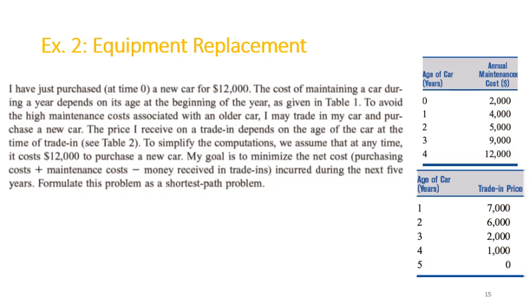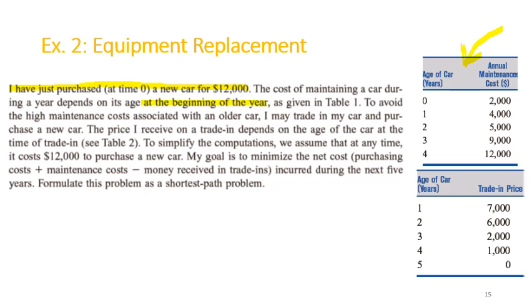It says that I just have purchased a new car for 12,000, and the cost of maintaining a car during a year is in this table, and it depends on the age of the car at the beginning of the year.